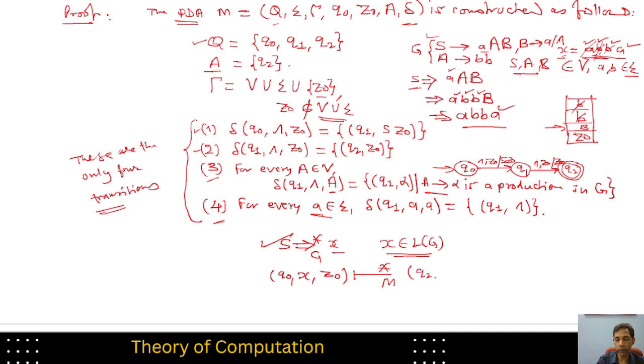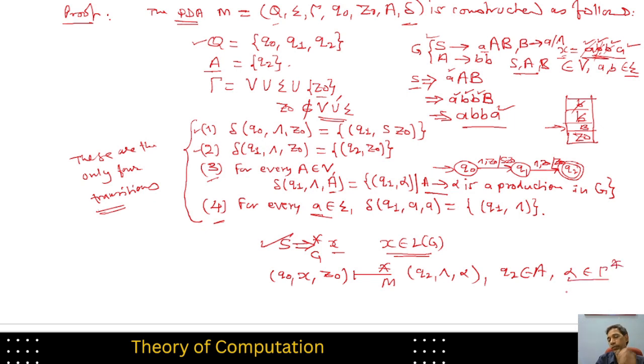Here Q2 is the final state, and the remaining input to be read is null, and whatever the contents of alpha, such that Q2 belongs to the final states A. Okay, and what is alpha?